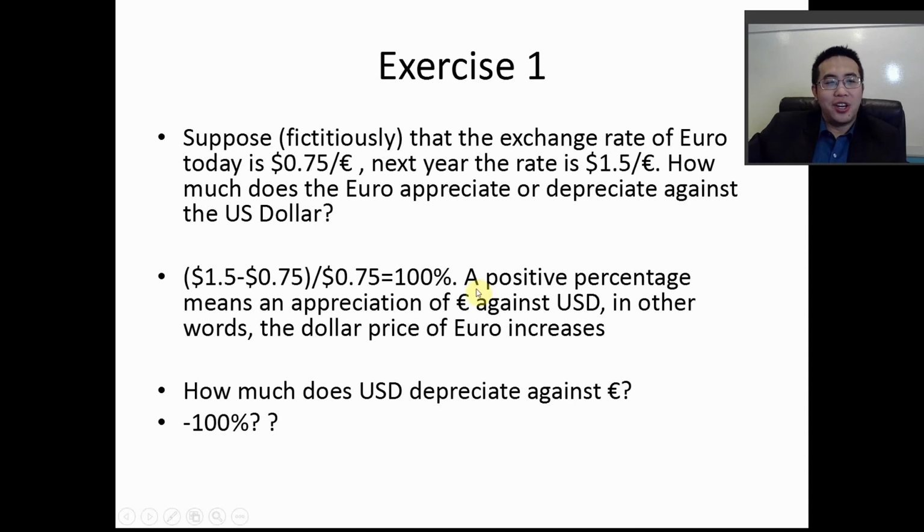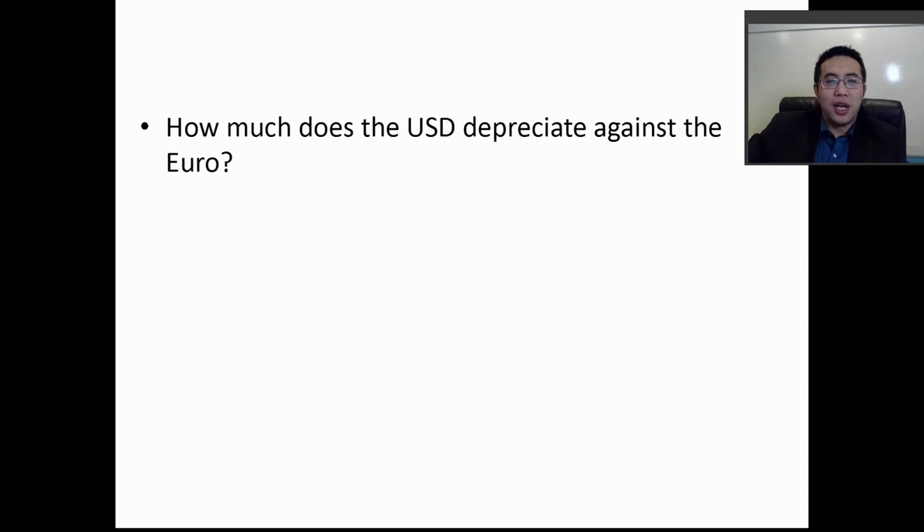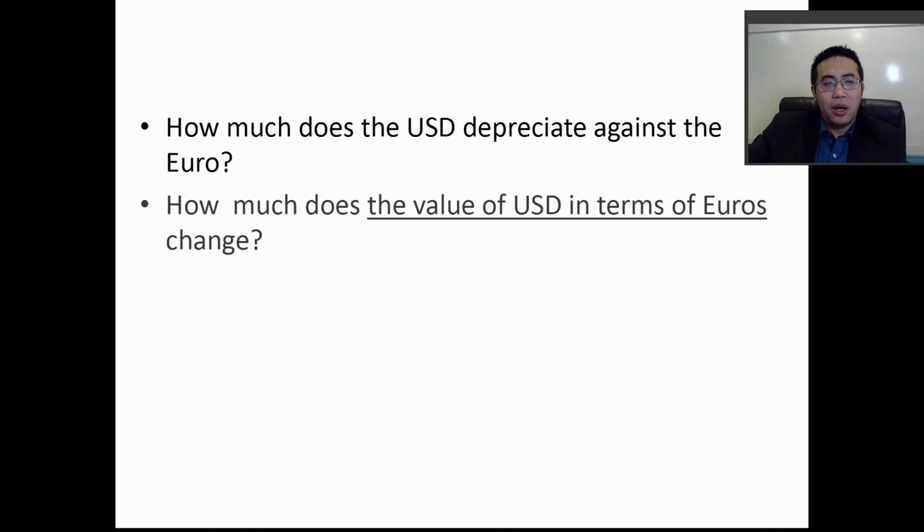All I want to say here is the dollar did not depreciate against the euro by negative 100%. That's quite impossible. So how do we calculate the exact number? We first need to calculate the value of the US dollar in terms of euros.